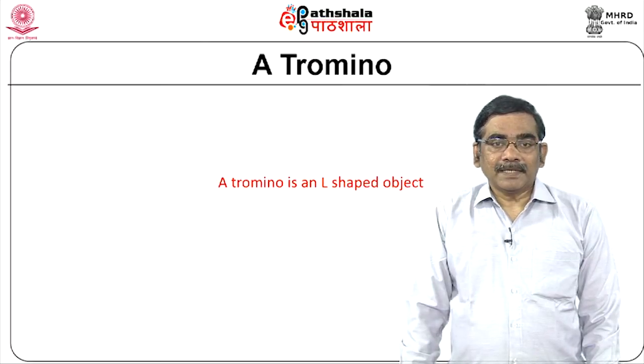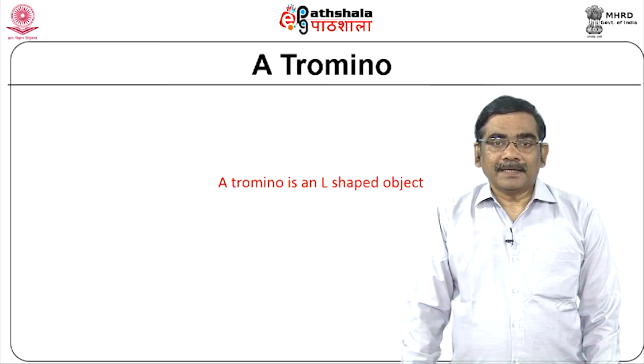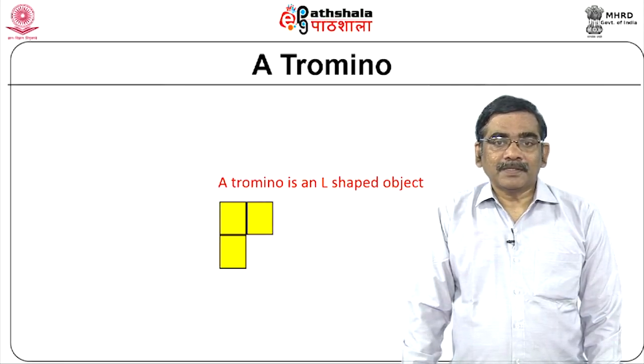So, we are going to take a tile and check whether it is possible to tile or not. So, what is a tile? A tile is a tromino which is an L shaped object. So, these are some of the possibilities of a tromino.